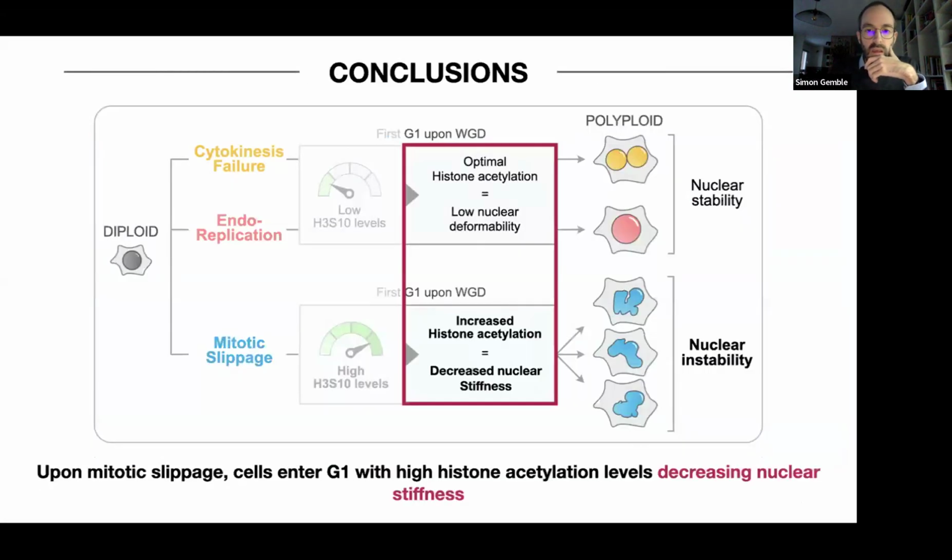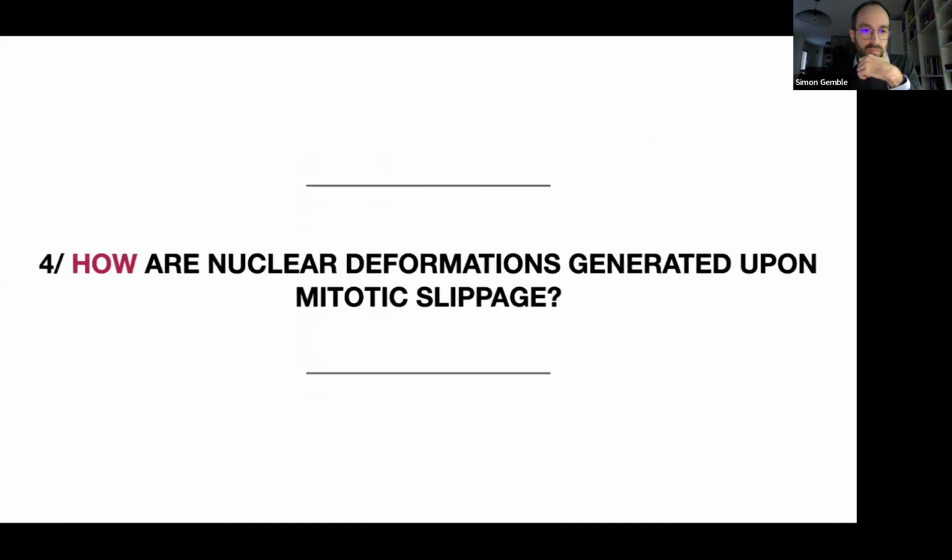So we concluded about this part that the increased histone acetylation levels upon mitotic slippage contribute to decrease the nuclear stiffness and to generate the nuclear instability afterwards.